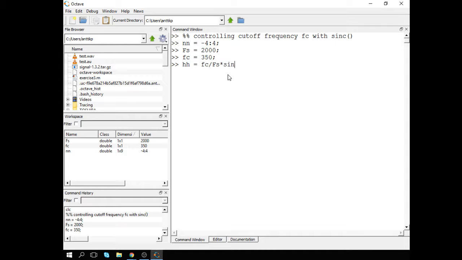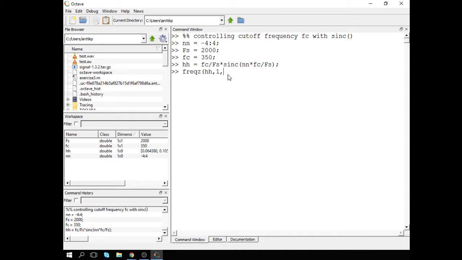So sync n times FC divided by Fs. There. Let me see that one. Projects of HH1 for FIR systems, just like making the delay.